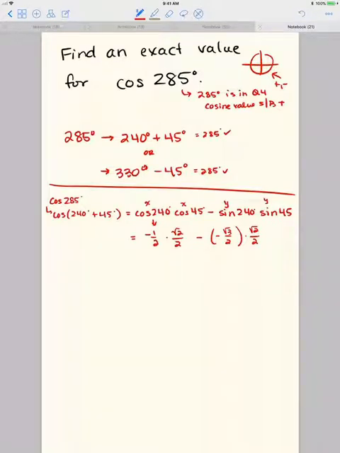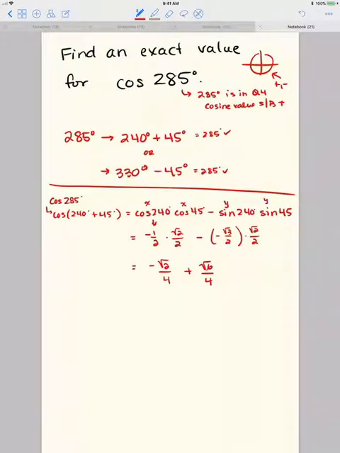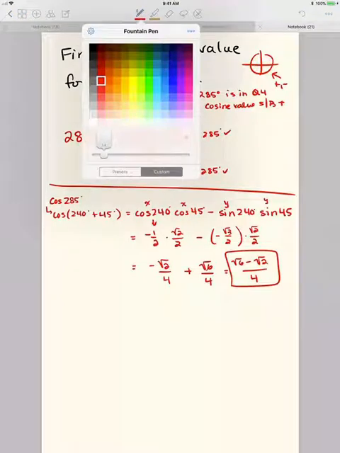So, cleaning that up gives us negative square root of 2 over 4 plus square root of 6 over 4. I'm pretty sure that's the exact same answer that we just got on the last one. No, not quite. Looks really similar. So combining across the numerator would give us square root of 6 minus the square root of 2 over 4. That will be a positive answer, so we're good for sign. Or if you want to do negative 2 plus 6 in the numerator, it's the same thing.